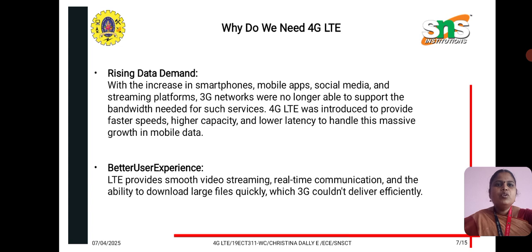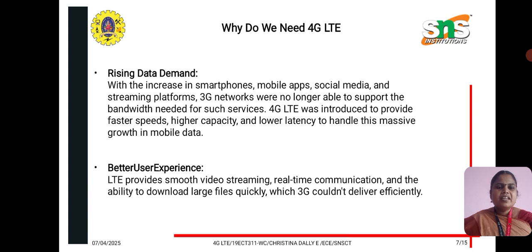Why do we need 4G? The main reason is the rising data demand. If we use a smartphone, there are so many applications. If we want to make a video call to members in a foreign country, we can download the app and easily access it.